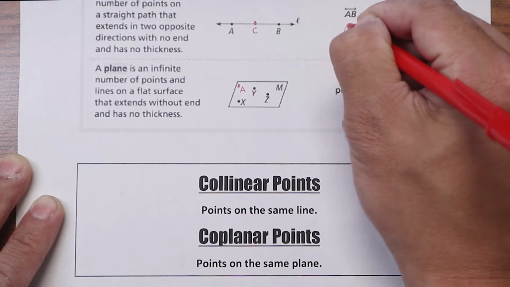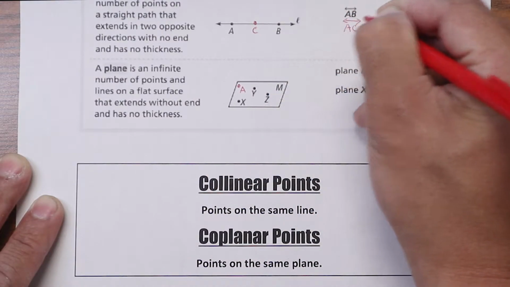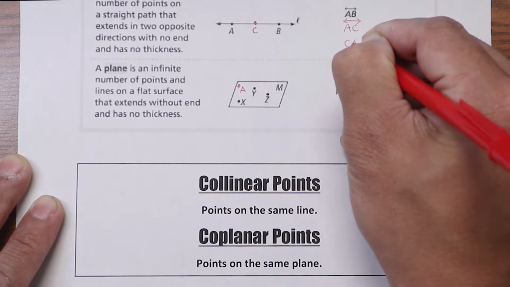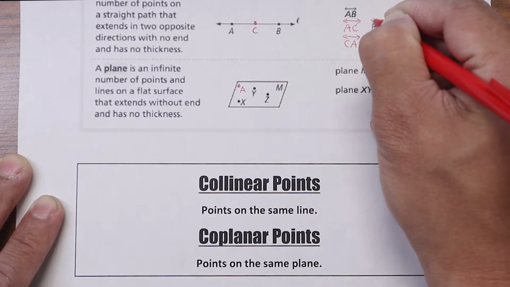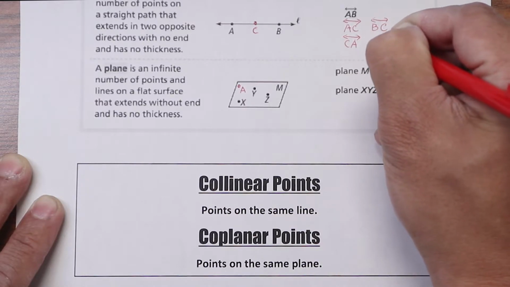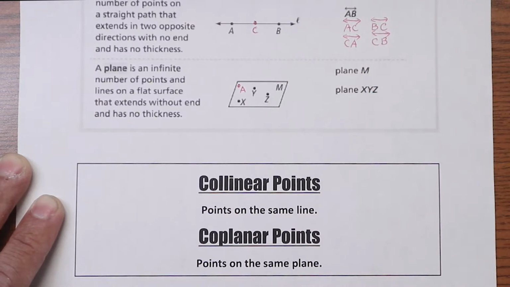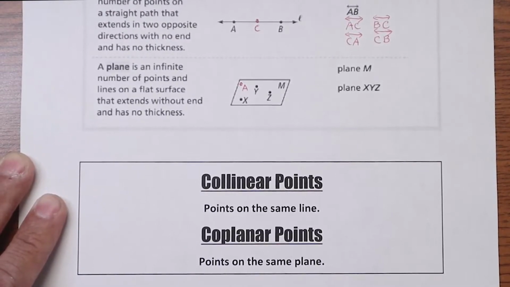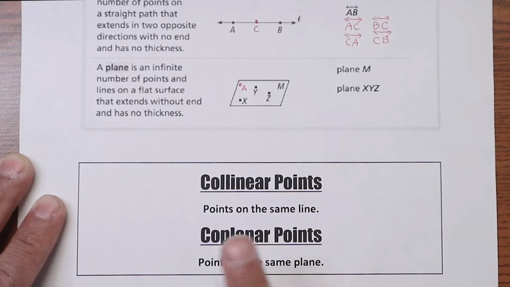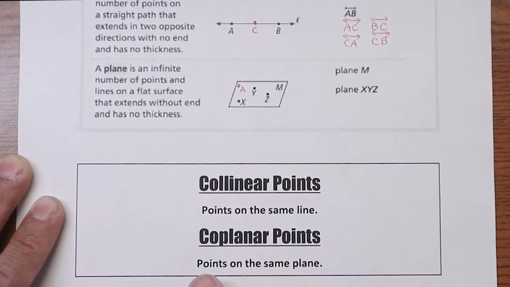You could write AC with a line symbol on the top, or you could write CA with a line symbol on the top, or you could write BC with a line symbol on the top, or CB with a line symbol on the top, right? There's a lot of ways for you to name a line, and you just need 2 points to name the line, okay?